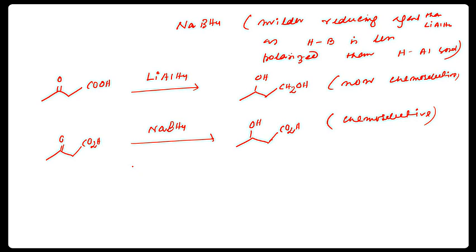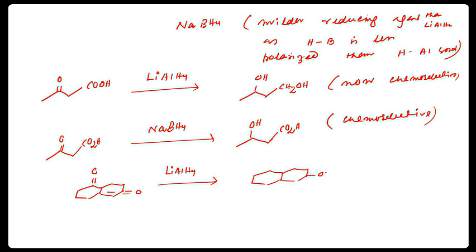Second, look at examples. Let's say we have this molecule with a double bond and C double bond O. We're treating this with lithium aluminum hydride. Now what will happen? We know that this is non-chemoselective, which will reduce both carbonyls. This is a quite unreactive carbonyl, as it is alpha beta unsaturated, and this is a reactive carbonyl, but the reagent is much stronger.